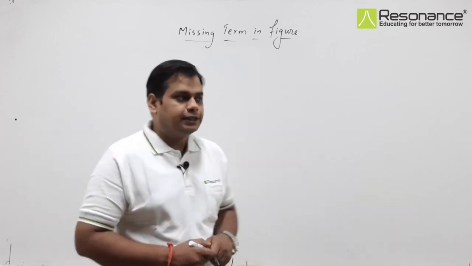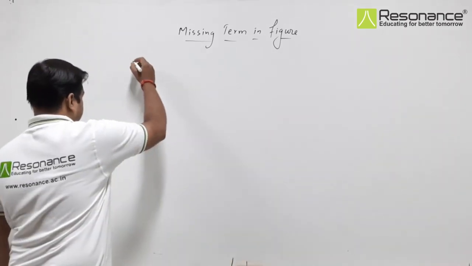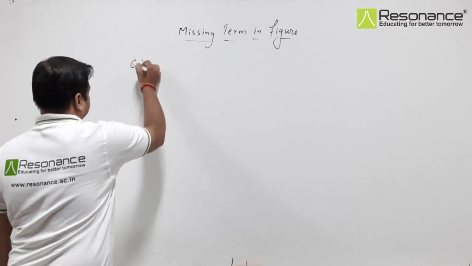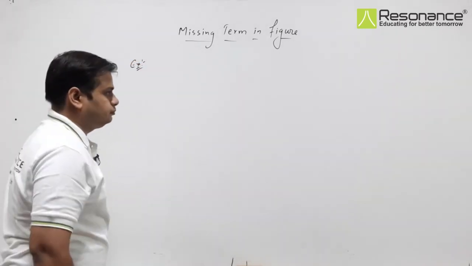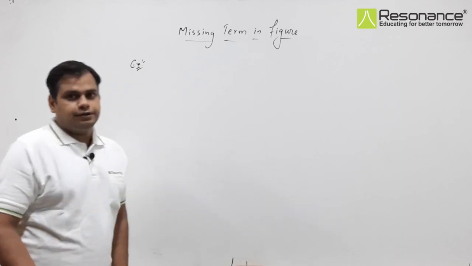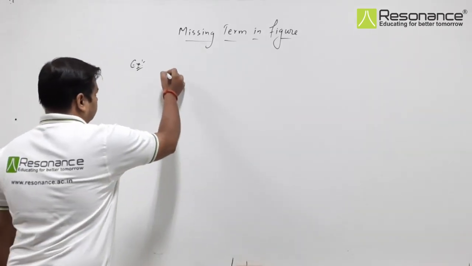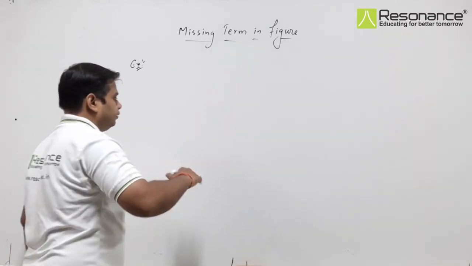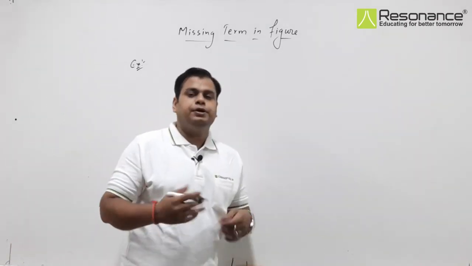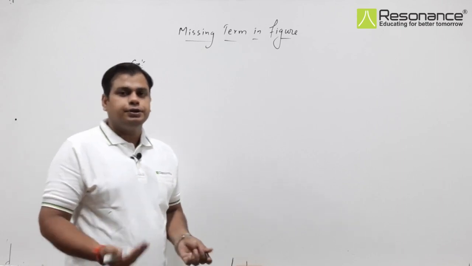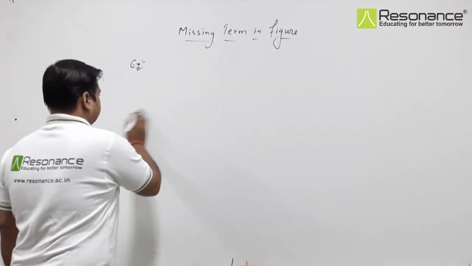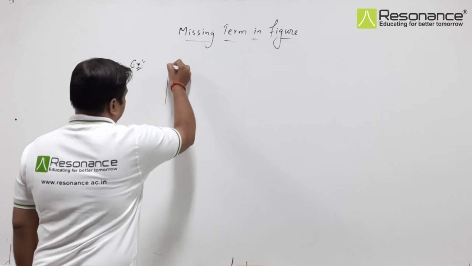Okay, let us understand with examples, because in math we do not have any theory, so we have to understand with examples. The figure may be of different kinds: it may be grid type, it may be circular, it may be another. So let us take a grid.